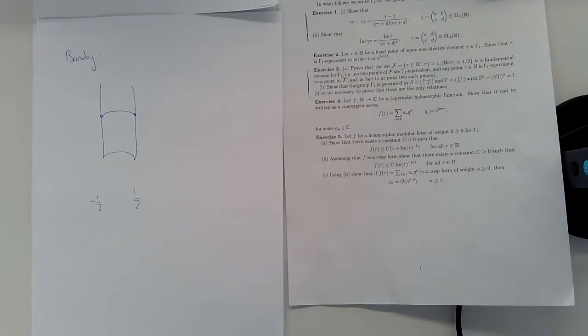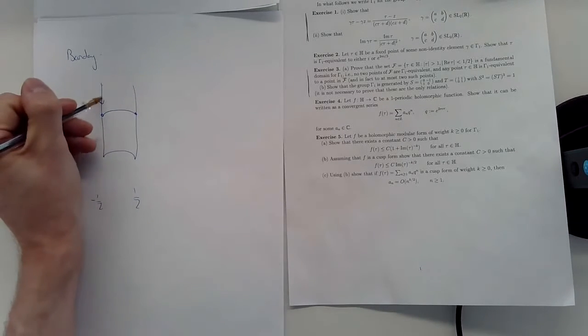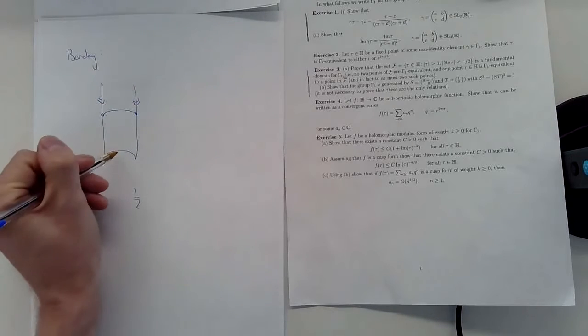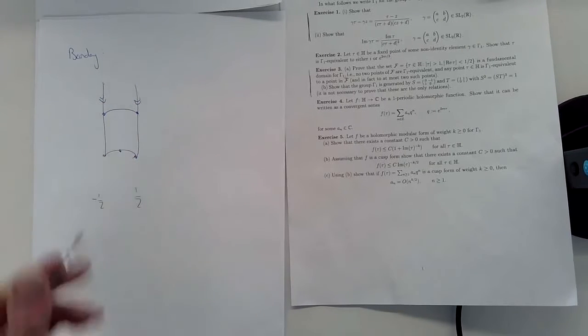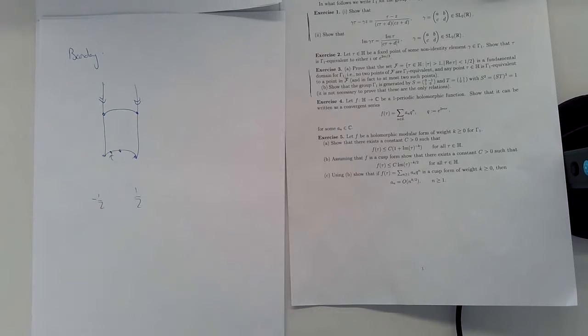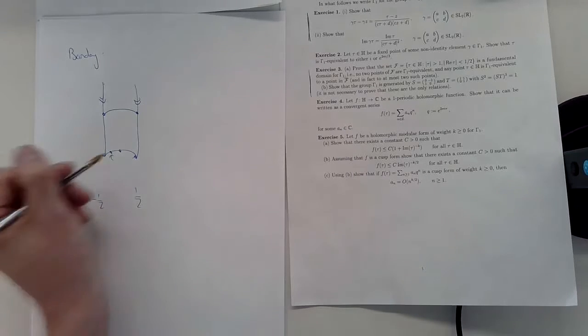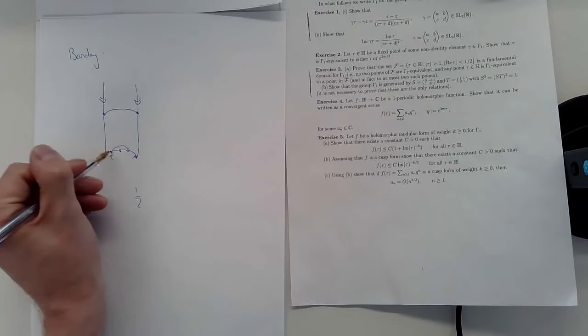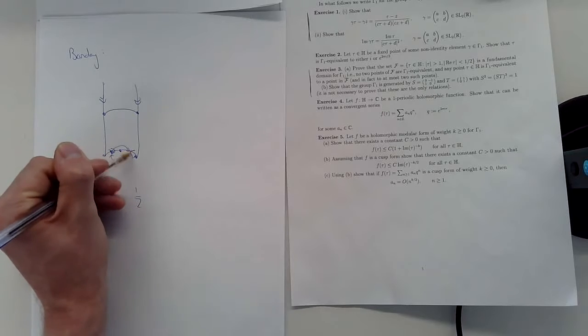So these two points really should be identified. Similarly, if I take some point down here and apply the map S to it, it's going to keep the absolute value equal to 1 and land somewhere over here. So there's another identification going on down here.